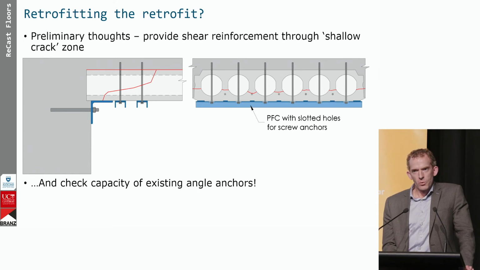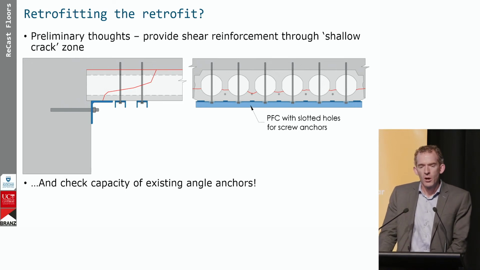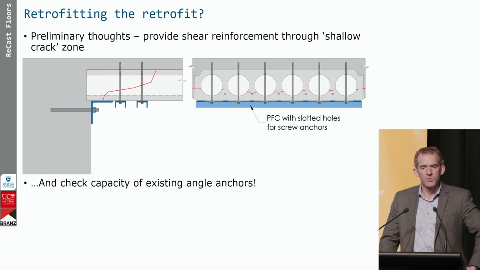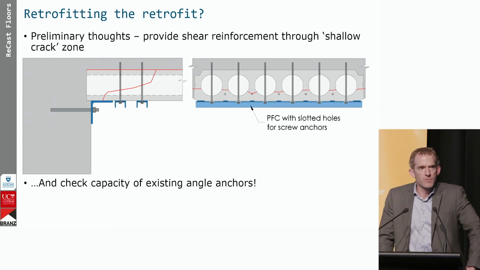And there are thoughts floating around that it may be possible to retrofit the retrofit in that situation, so don't throw the baby out with the bathwater. If you've got some nicely installed angles, then the ideal thing would be to take advantage of those still, and then maybe reinforce the unit with some of these screw anchors and some PFCs or something similar to provide retrofit shear reinforcement across that critical zone, hold the potential positive moment crack closed, and produce a more reliable end to the unit.